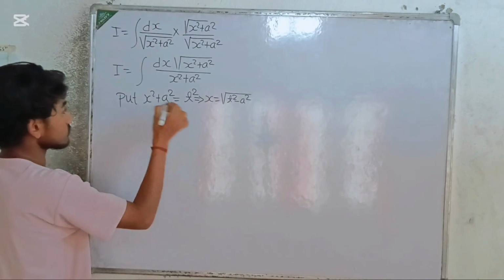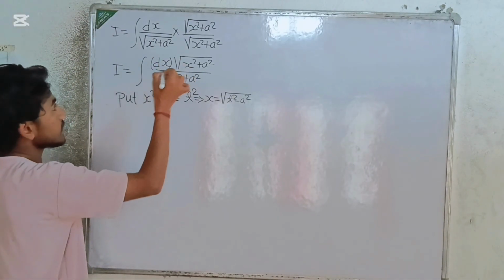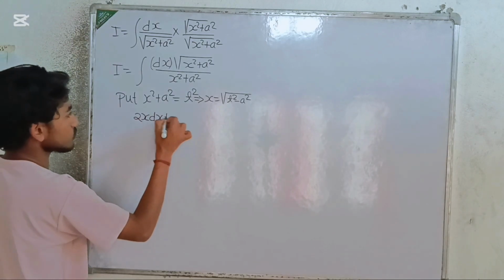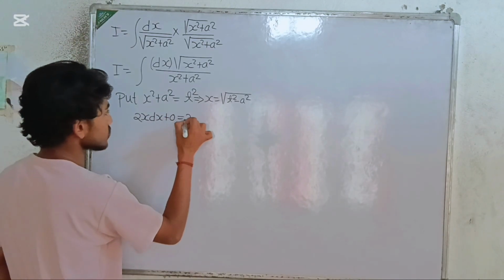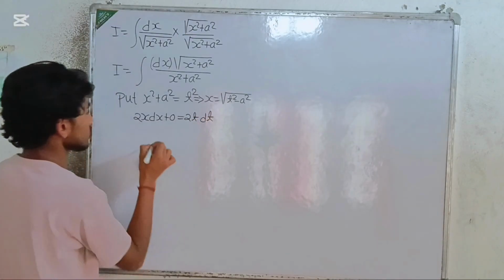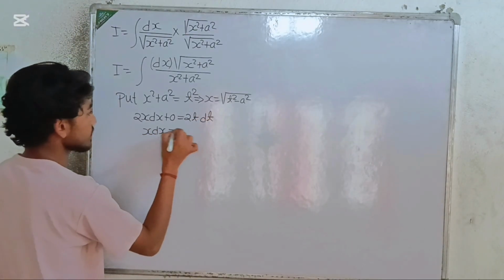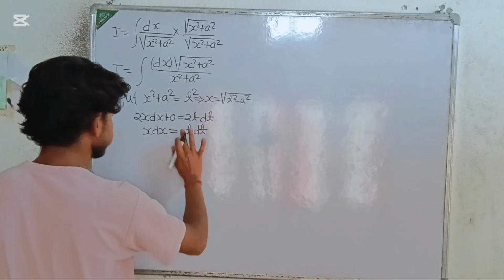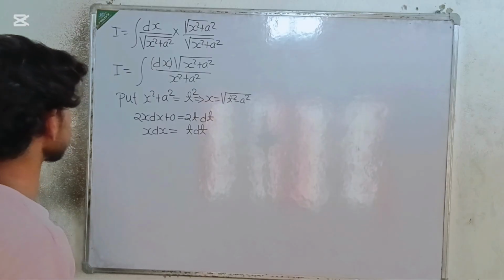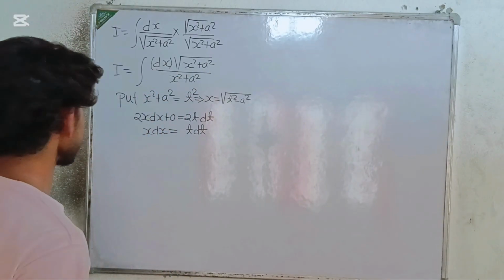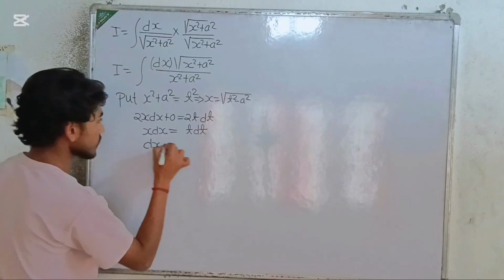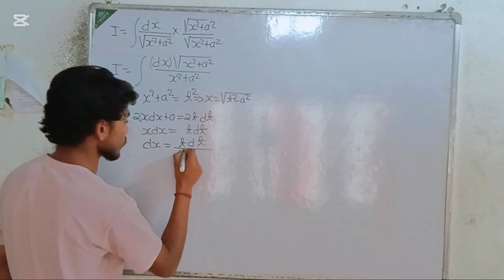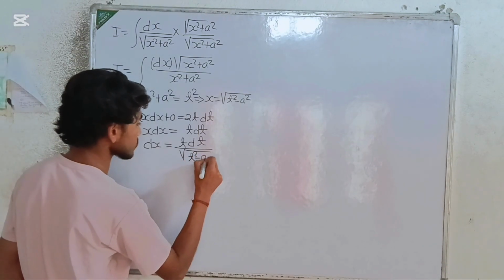Now we have to do something interesting here. Let's differentiate, because we want dx in terms of dt. So it is going to be 2x dx, and the differentiation of a squared would be 0, and it is 2t dt. So x dx can be written as t dt, right? So I have to write dx as t dt over x, and x is the square root of t squared minus a squared.